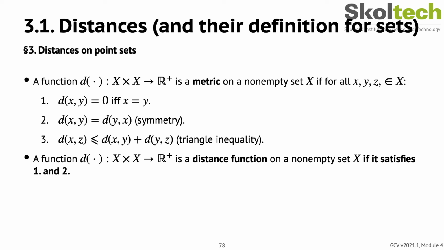And third, a triangle inequality holds, meaning that the distance from x to z does not exceed the distance from x to some intermediate point y plus the distance from y to z. Note that for a function to be a meaningful distance function, only 1 and 2 must be satisfied.